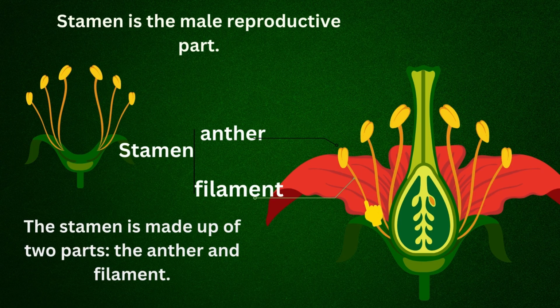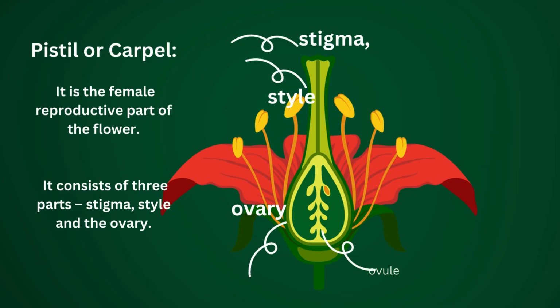Stamen is the male reproductive part. The stamen is made up of two parts, the anther and the filament. Pistil or carpel. It is the female reproductive part of the flower. It consists of 3 parts: stigma, style, and ovary.